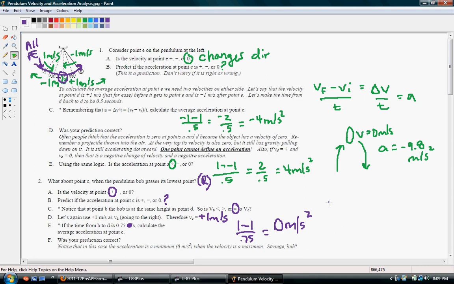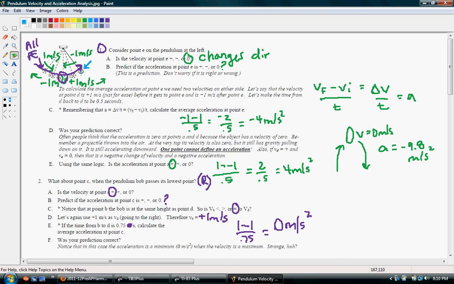Okay? Kind of counterintuitive, but if you think about it this way, let's recap part 1. At either end, at the extreme, so let's say at point E, if you were to pull a pendulum back and let it go, it's going to start swinging. The fact that you could move it to the side and let it go and it will start moving, there must be some component of the force of weight that's acting on it.